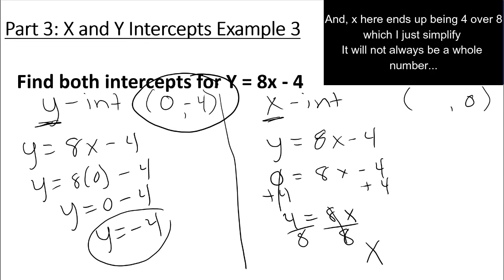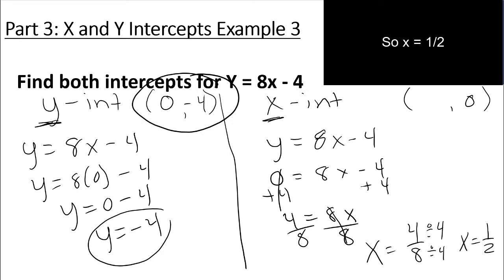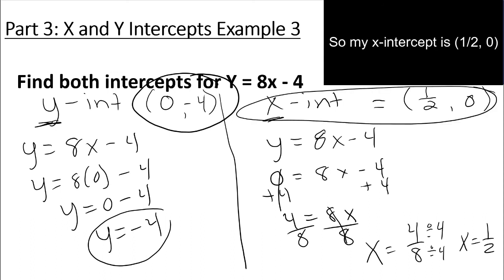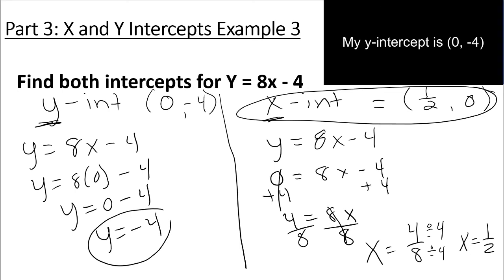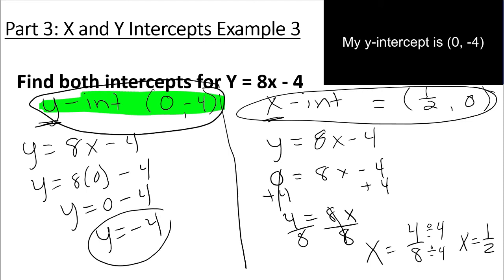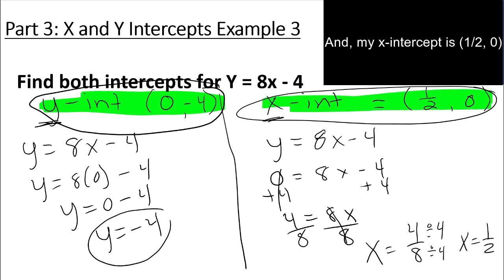And x here ends up being 4/8, which I just simplify. It will not always be a whole number. So x equals 1/2. So my x-intercept is (1/2, 0). My y-intercept is (0, -4), and my x-intercept is (1/2, 0).